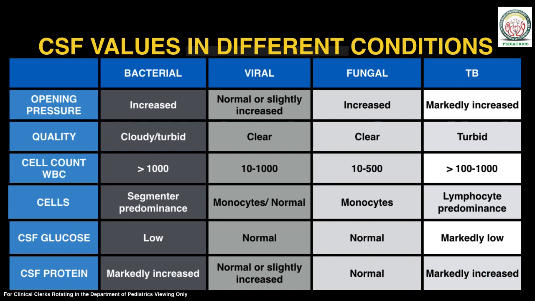And the following are the common values that we see to help us determine which among the different pathogens would help us make a clear diagnosis with regards to children affected by meningitis or encephalitis.